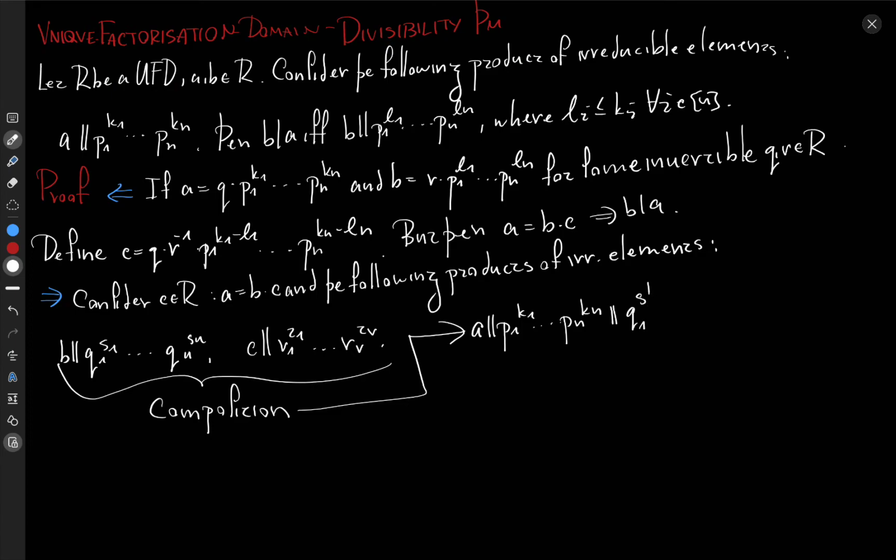So we have Q1 to S1 prime all the way to QU to SU prime times R1 to T1. Well, not quite, because we could have removed some of these elements. So some subsequence, right?